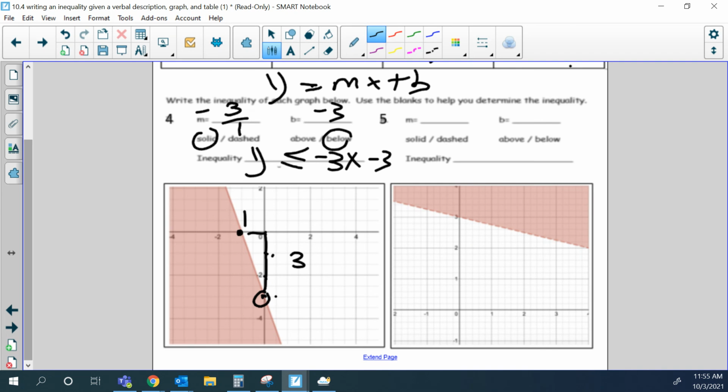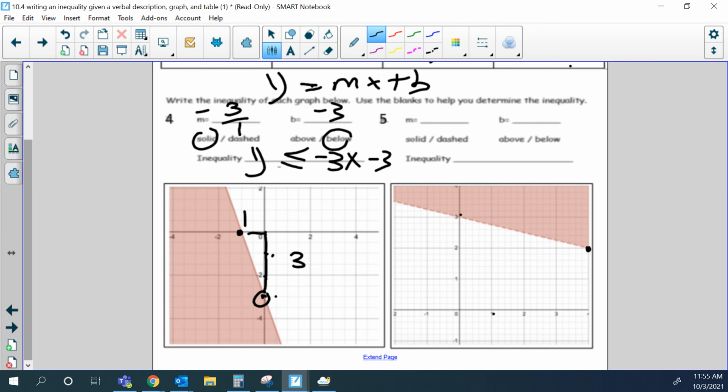All right, let's look at number 5. Okay, number 5, let's see. What's my slope? Let's see. This is 1, 2, 3. So and then 1. So we're increasing by 1. So let's find 2 good points. I'm going to go with this point right here, which is 4 on the x-axis, right?